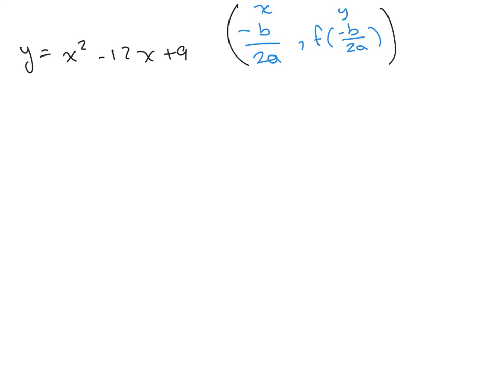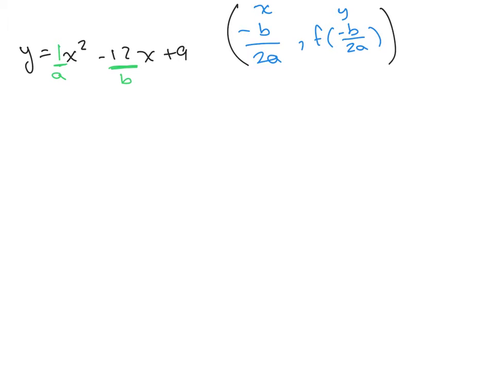So let's begin by doing negative b over 2a. Remember that the coefficient of x squared is your a, and the coefficient of x is b. So for us, our a is that invisible 1, and our b is negative 12.